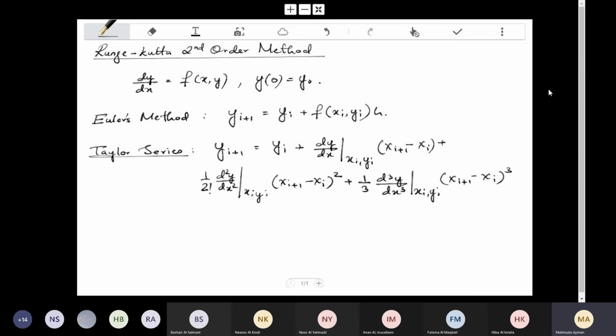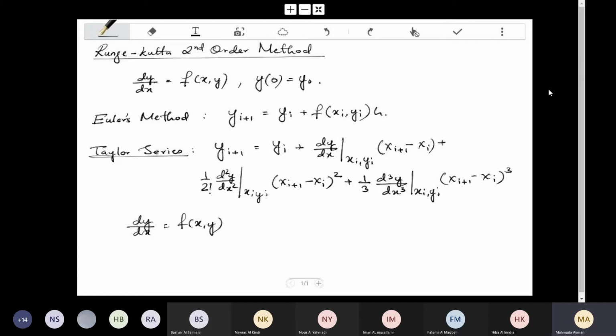So that's what the Taylor series expansion looks like, and we know that dy by dx is equal to f of x comma y. So we will replace the dy by dx in the Taylor series expansion with f of x comma y, and that will give us the Taylor series that looks like this.